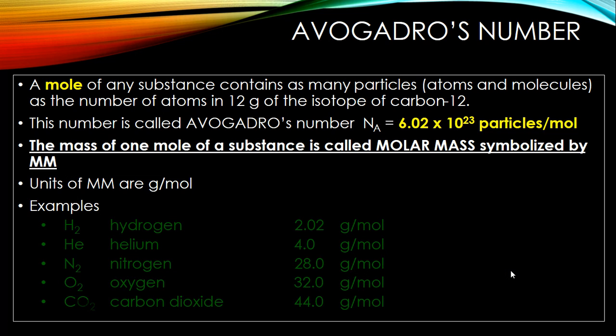So Avogadro's number, again, is a mole of any substance that contains as many particles as the number of atoms in 12 grams of the isotope carbon-12. That's called Avogadro's number, which can be represented with a little a. The mass of 1 mole of substance is called molar mass, symbolized by a capital MM, and the units are grams per mole.